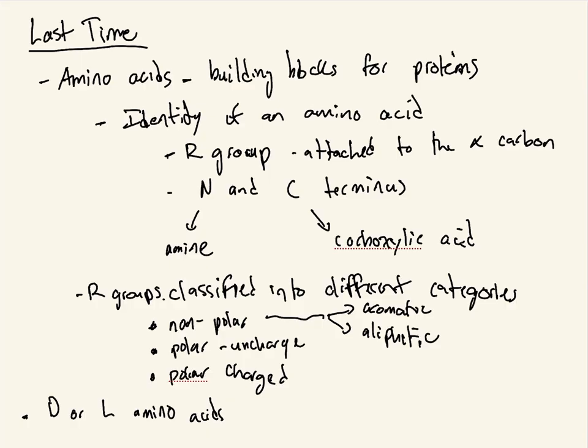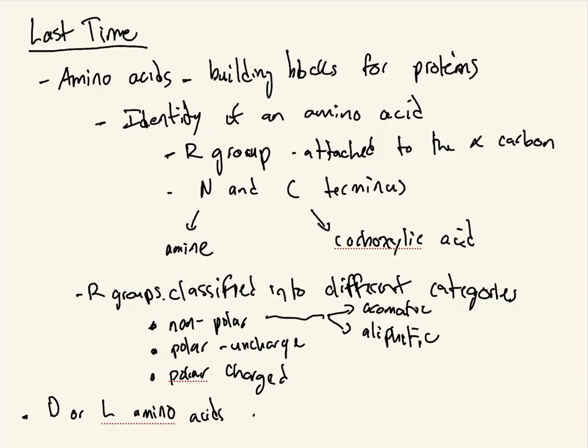And how did we distinguish what was D and what was L? Like, what determined it? Whether what was on the left or the right. So for a polysaccharide, that was the case, but for an amino acid, remember, it was the amine group, which way the NH3 was, right?